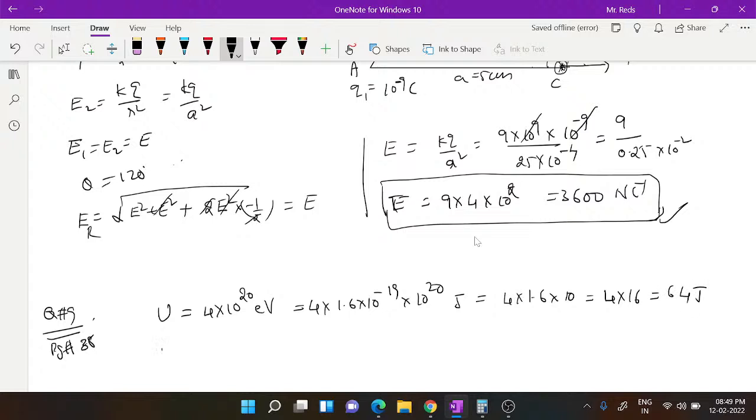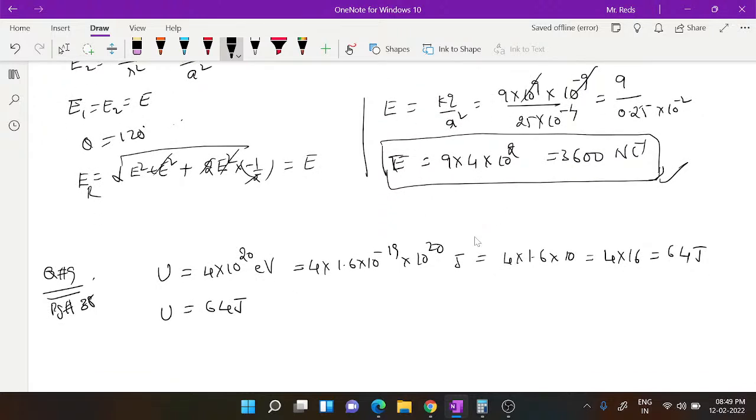So you can say the energy of 64 joule is required to move a charge Q equal to 0.25 coulomb.